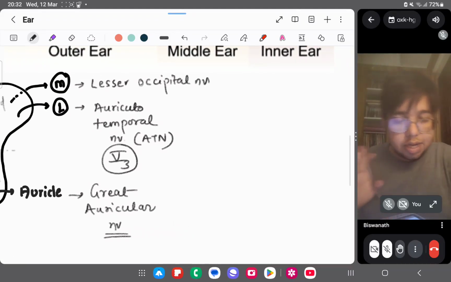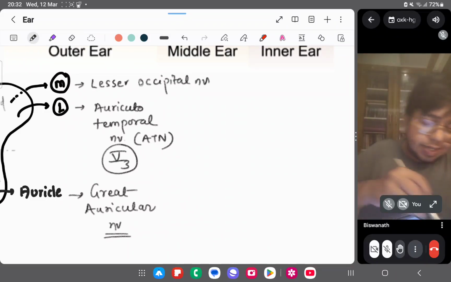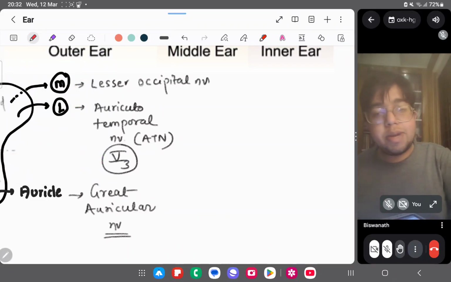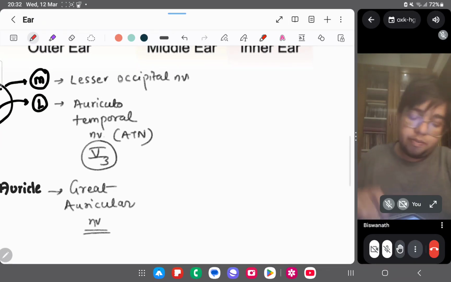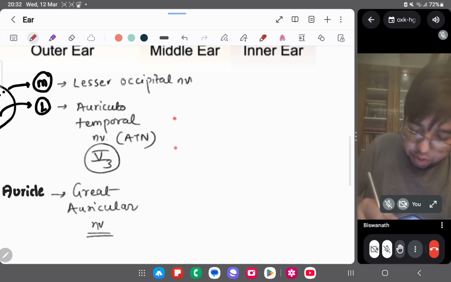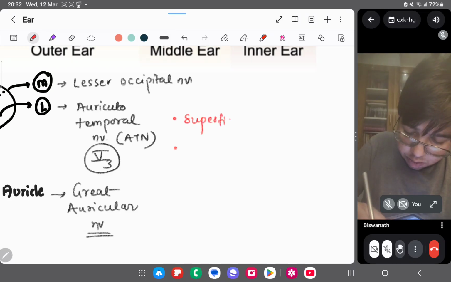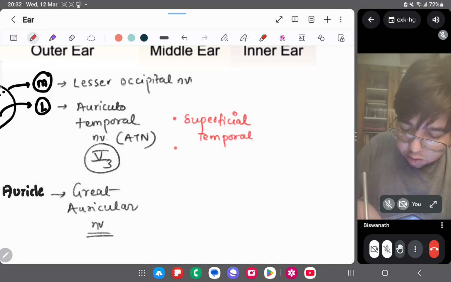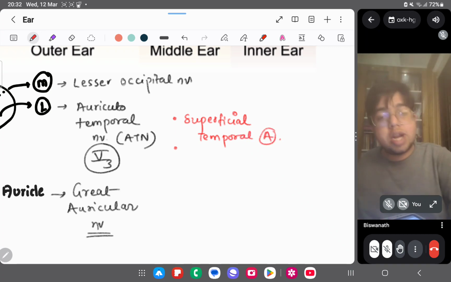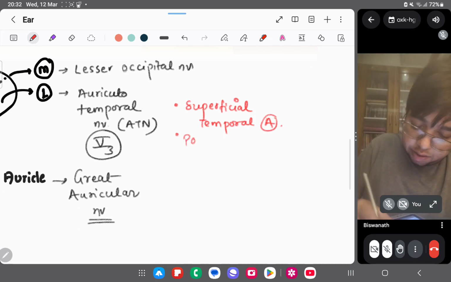And these are the nerve supplies. If I talk about the blood supply, then two arteries are important. One is the superficial temporal artery, and the other is the posterior auricular artery.